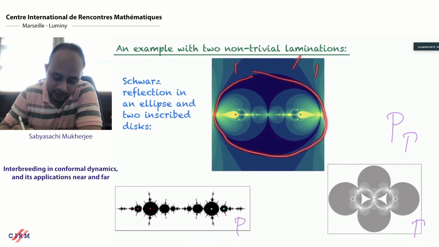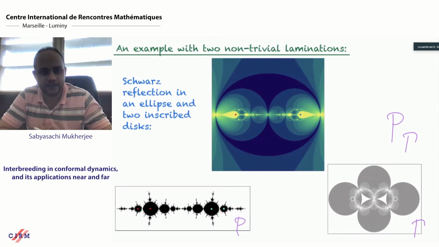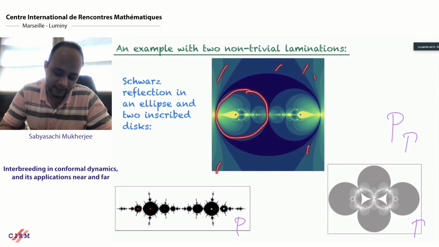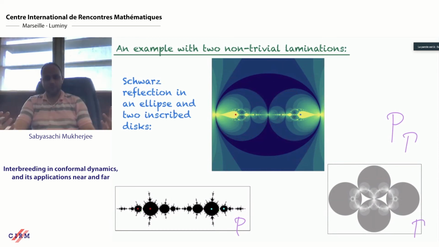We all know that the exterior of an ellipse is the conformal image of the exterior of the disk under the Joukowski map. So the exterior gives a Schwarz reflection map, and there are two disks inside here. This is your piecewise Schwarz reflection map and the Schwarz dynamical system. So something so simple as an ellipse and two inscribed circles gives rise to a conformal dynamical system that's a mating of this polynomial and this group.